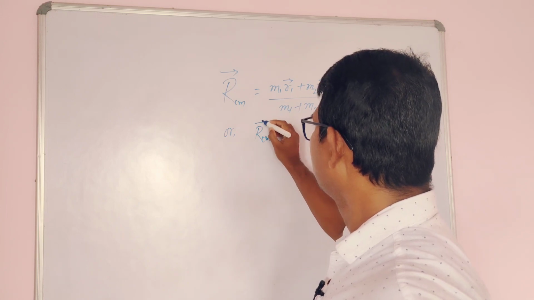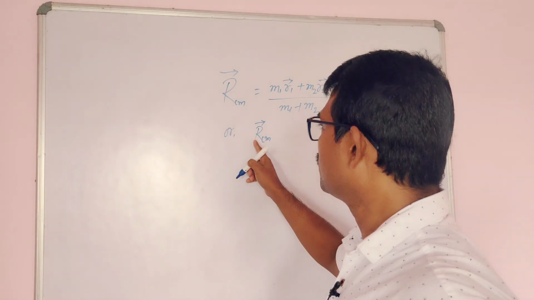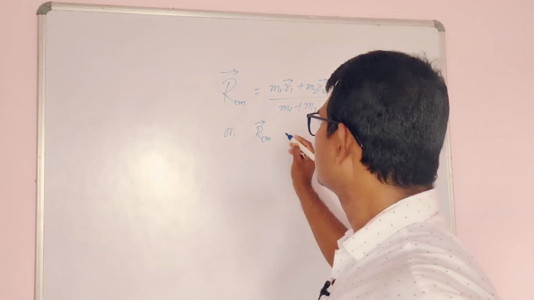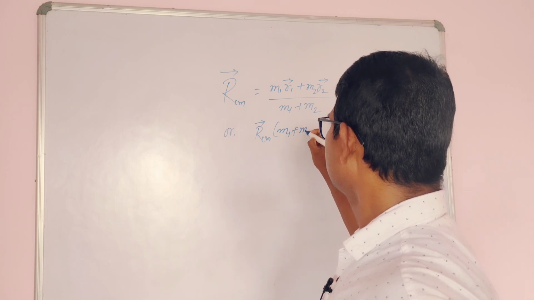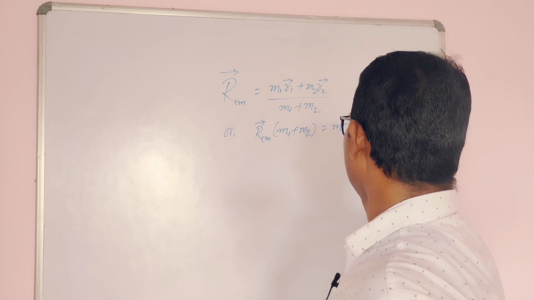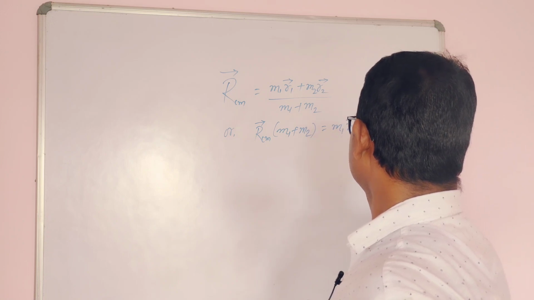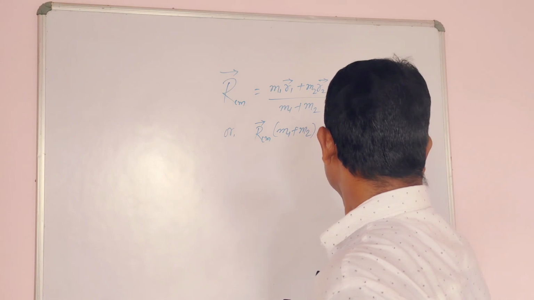R_CM, the position vector of the center of mass, multiplied by the total mass. Can you write? Yes. If you can write, no problem. Suppose this is the equation.